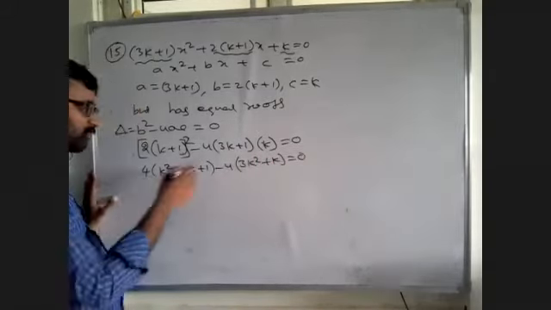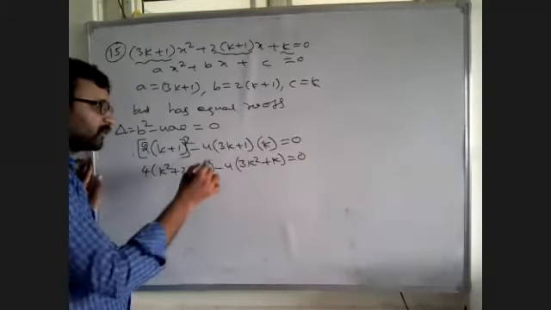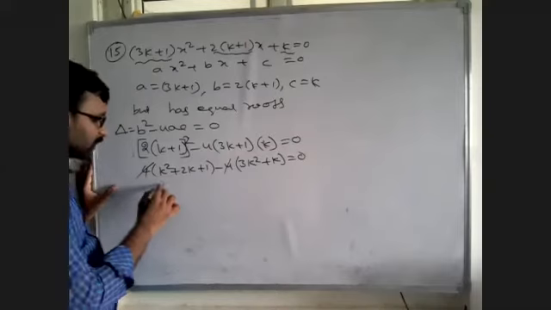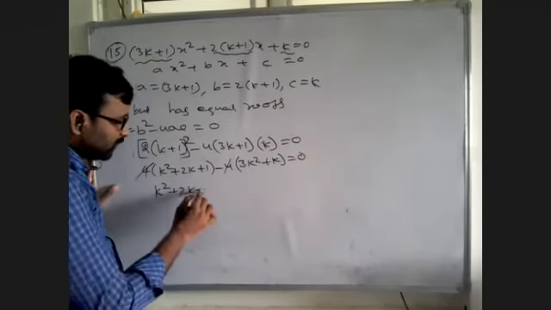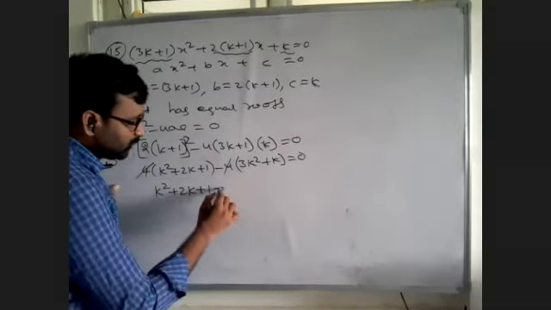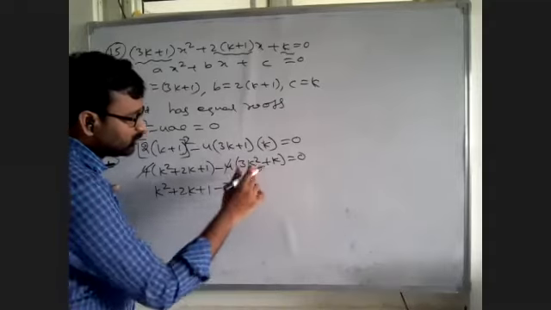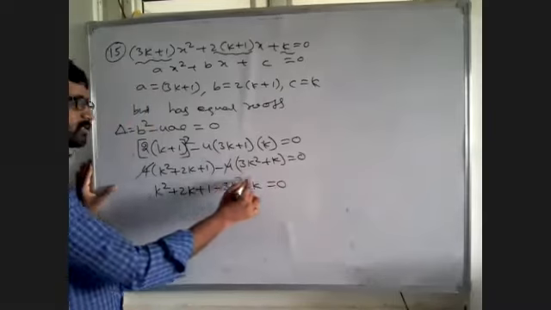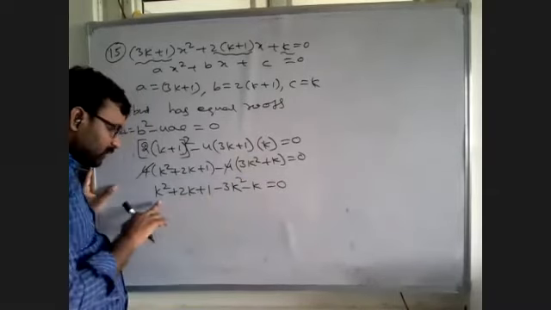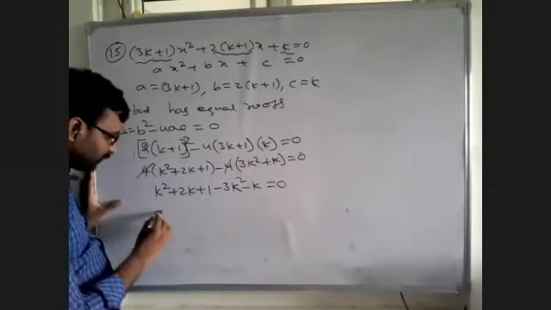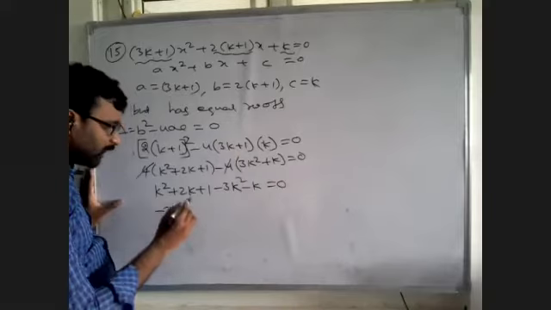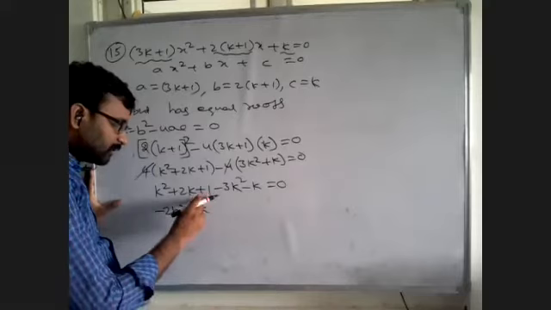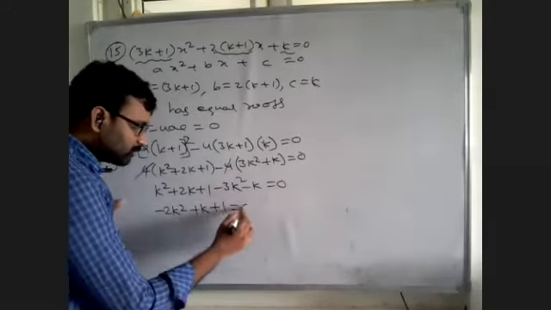Now we can take 4 common outside and the 4 will be eliminated. 4 cancel. Now remaining: k square plus 2k plus 1 minus 3k square minus k is equal to 0. Now see, minus 3k square plus k square will be minus 2k square, and here minus k plus 2k will be plus k, and here plus 1 is equal to 0.